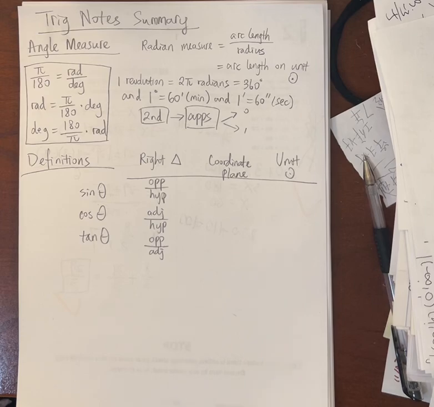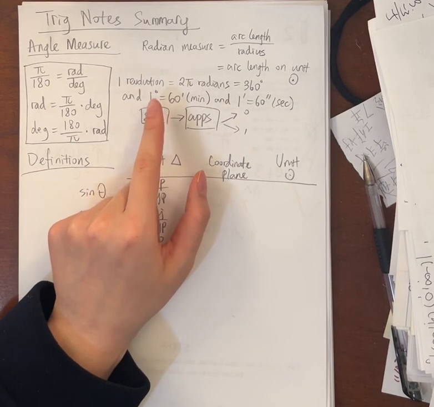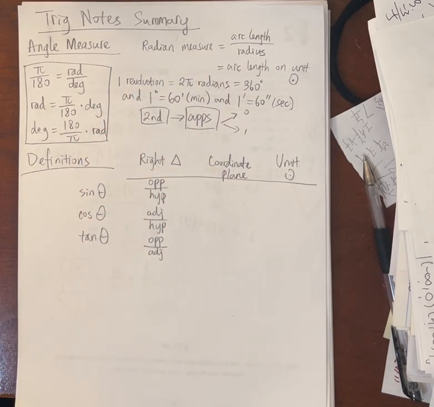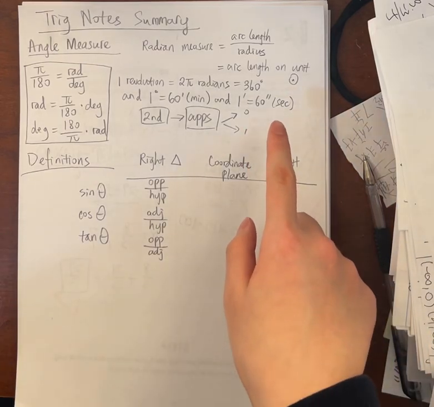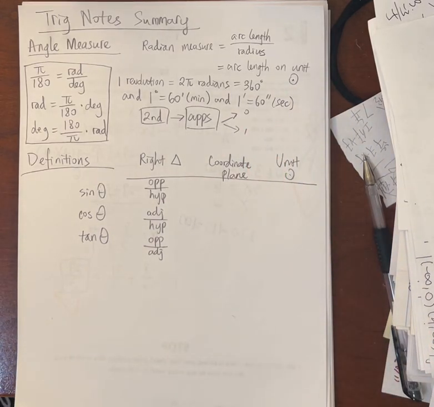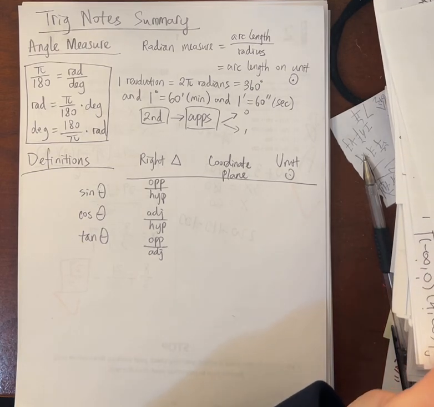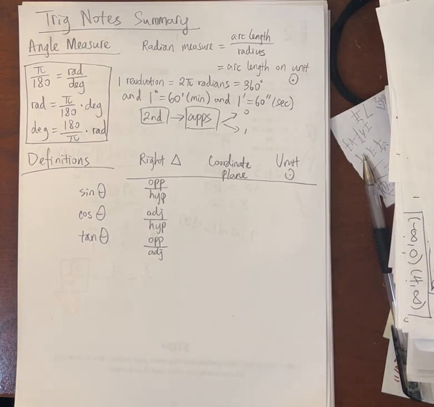Next, 1 degree is equal to 60 minutes and 1 minute is equal to 60 seconds.